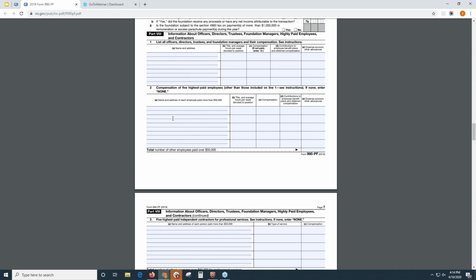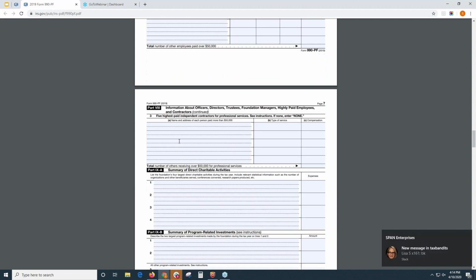In Part 2, you'll list the 5 highest paid employees. If there's none, you will enter none. Part 3 is the 5 highest paid independent contractors for professional services. And if you don't have any of those either, you will put none.